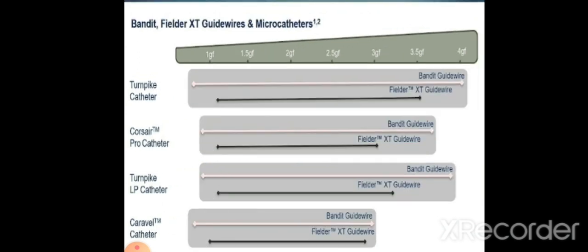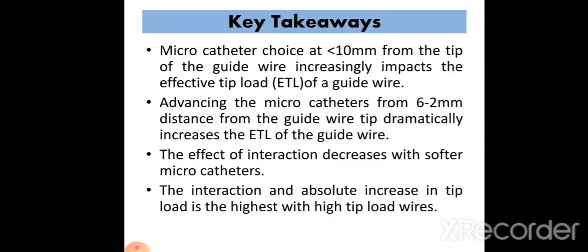So as we all know, this changeable range of effective tip load is exerted by the combined effect of the selected guide wire and the selected microcatheter during negotiation of the CTO lesion.